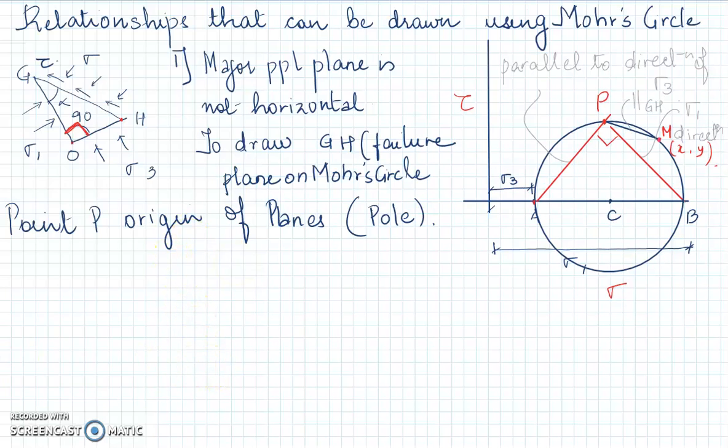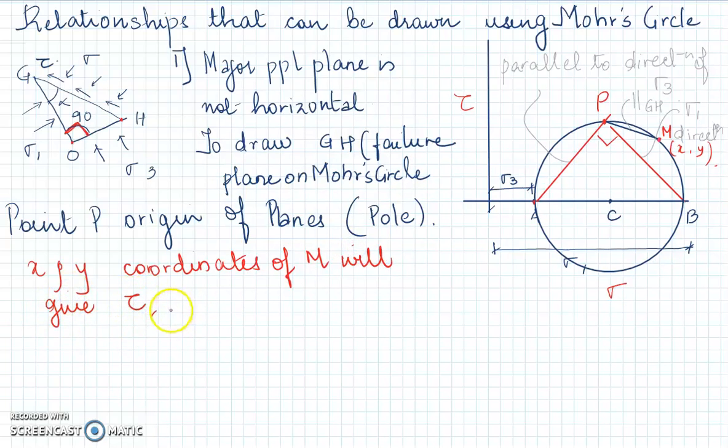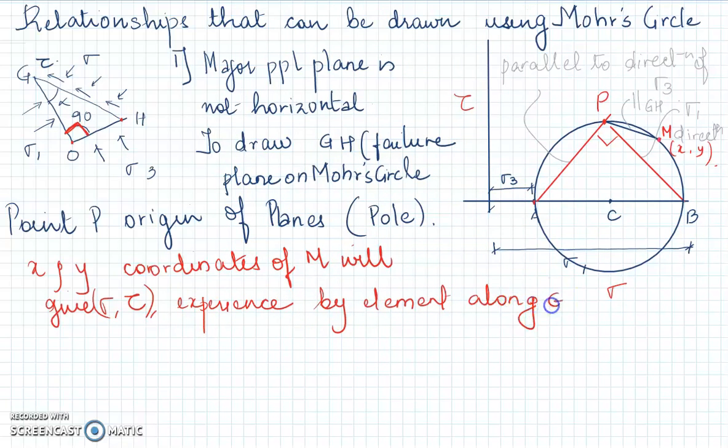So now, when you draw a line parallel to GH from P, you get point M on the circle, and the X and Y coordinates of this M will give tau, that is shear stress, and sigma, experienced by the element along GH.